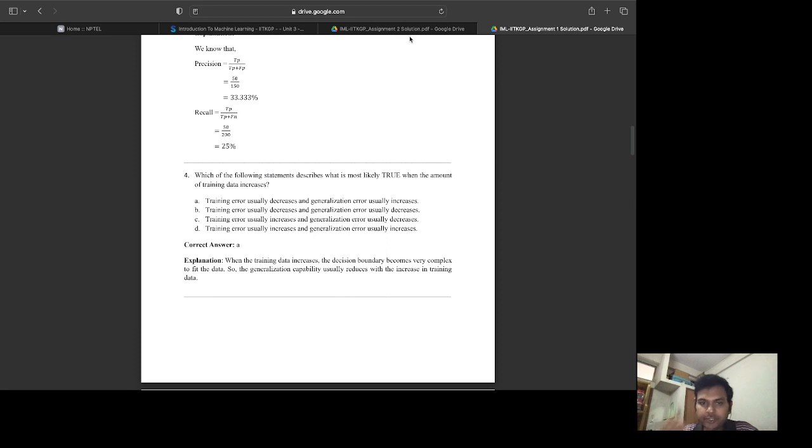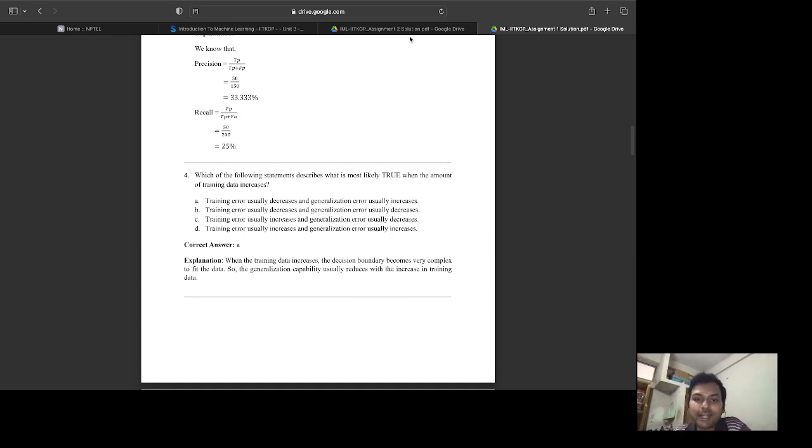Training error usually decreases while generalization... So basically, you have four possible combinations of training error and generalization error. If your training data increases, there has been nothing told to you about your model.